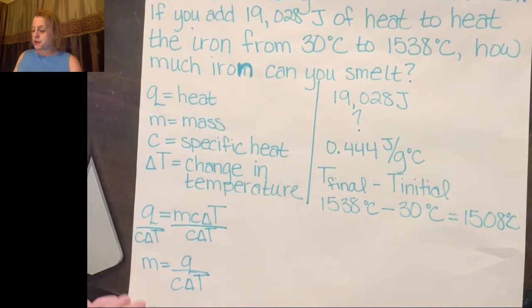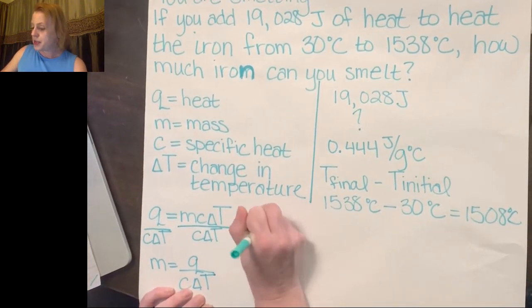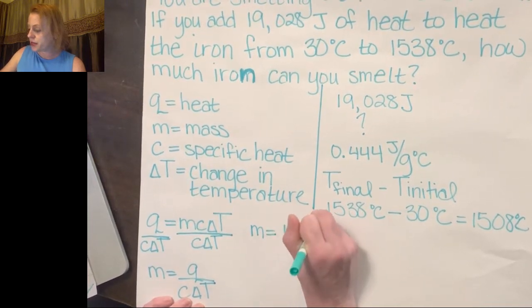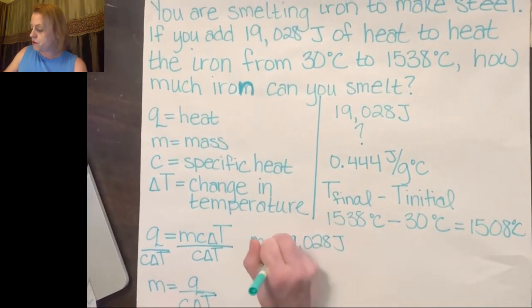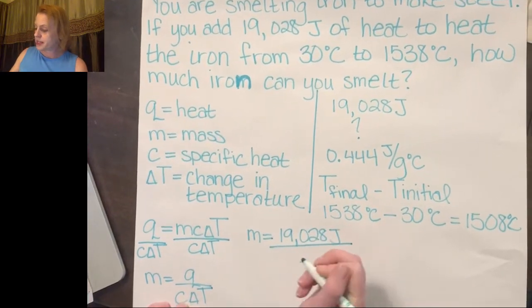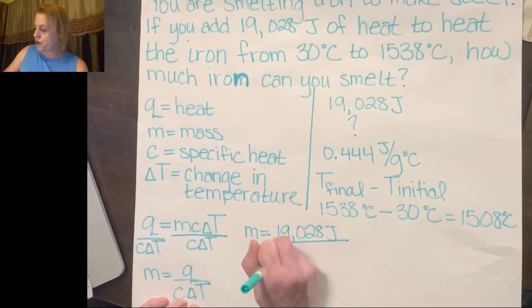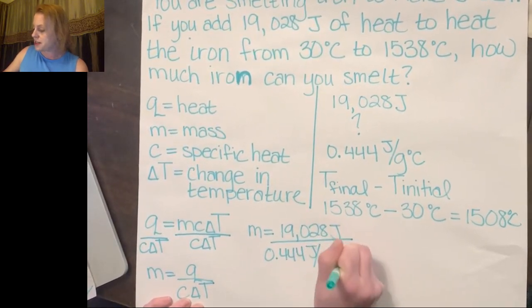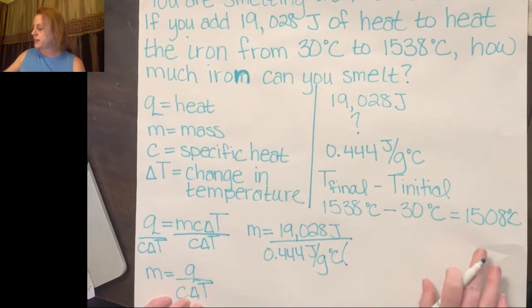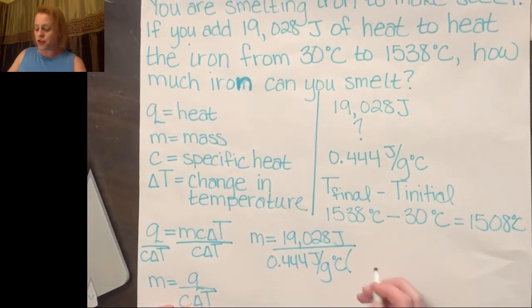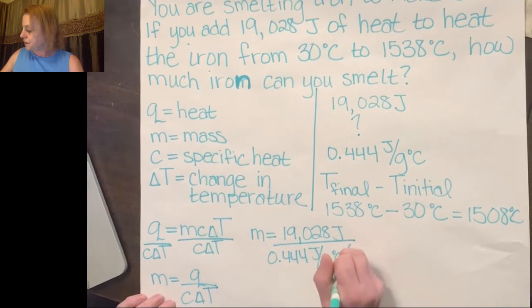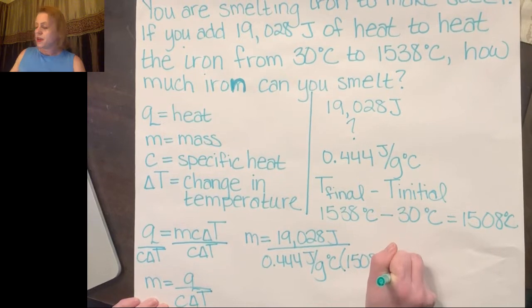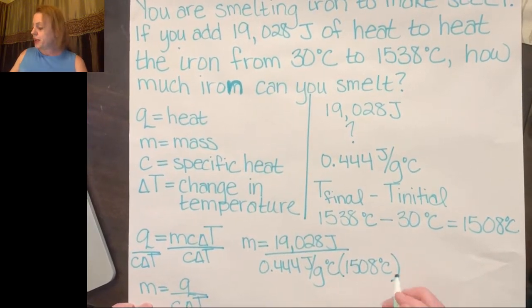So I can plug in my numbers. M equals, Q is 19,028 joules over C is 0.444 joules per gram degrees Celsius times my delta T, which is 1,508 degrees Celsius. So now I can cancel some units.